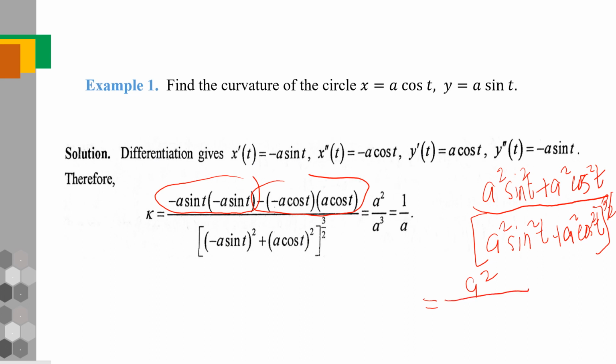Yung gagawin natin dito sa baba, magiging a square na lang siya, pero raised to the power of 3 halves. Okay? So, magka-cancel lang man yung 2 dito. So, magiging a cube na lang sa denominator. Sorry, erase ko muna. Okay. So, we have a square over a cube, and that is equal to 1 over a.